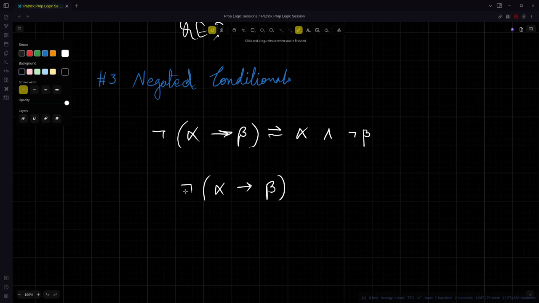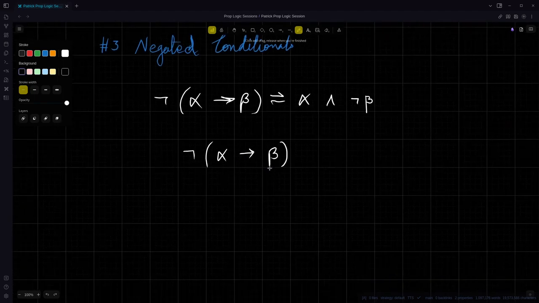Are you asking me if you can do this, like alpha implies not alpha implies not beta? That wouldn't work. You cannot multiply out, it's not like algebra.